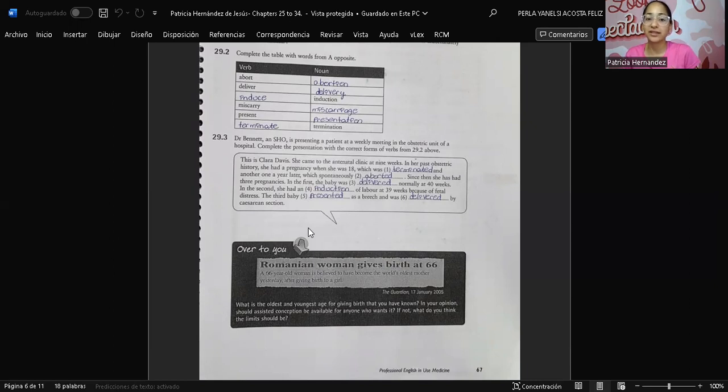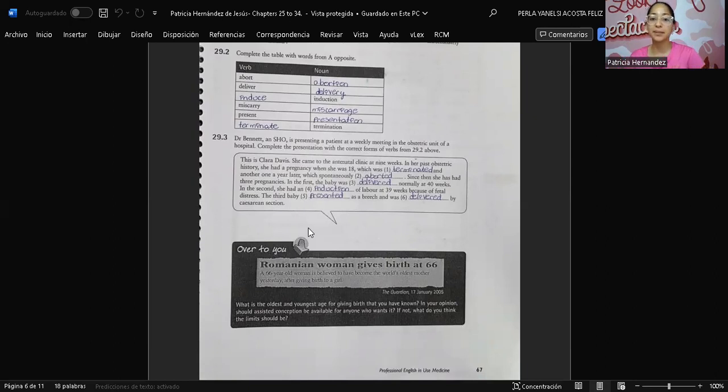This is Clara Davis. She came to the antenatal clinic at 9 weeks. In her past obstetric history, she had a pregnancy when she was 18, which was terminated, and another one a year later, which spontaneously aborted or miscarried. Since then, she has had 3 pregnancies.